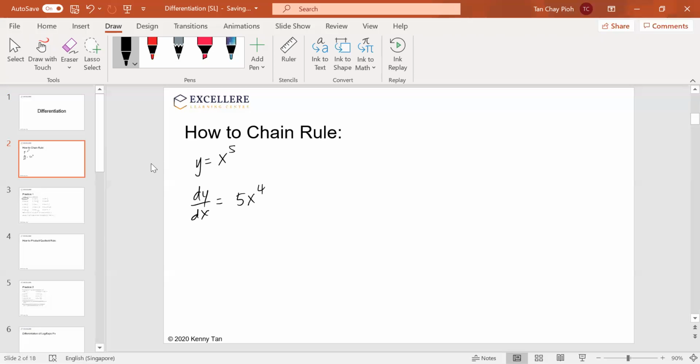Okay, so let's say y equals 5x to the power of 6 plus 2x to the power of 4, 7.